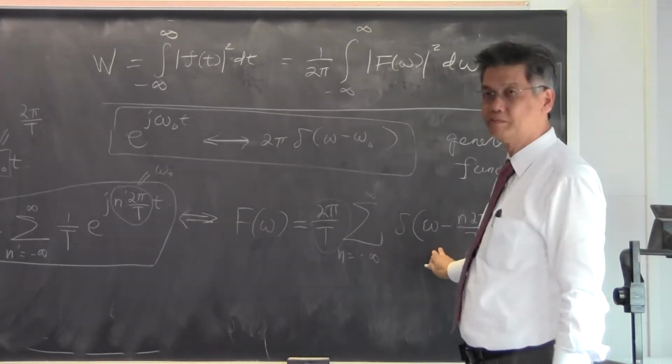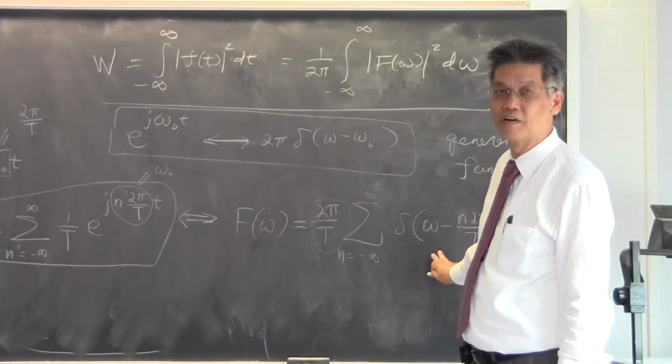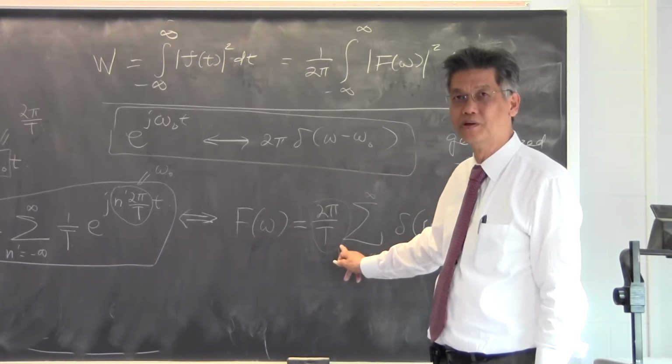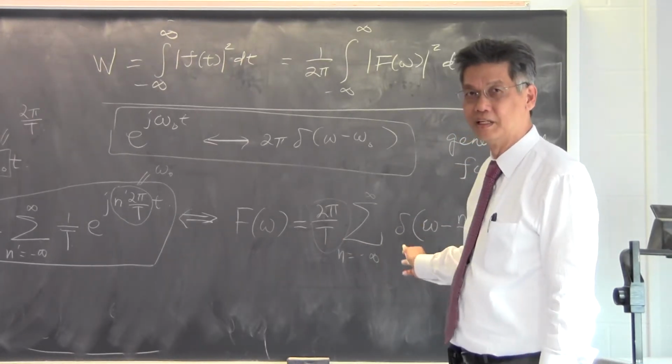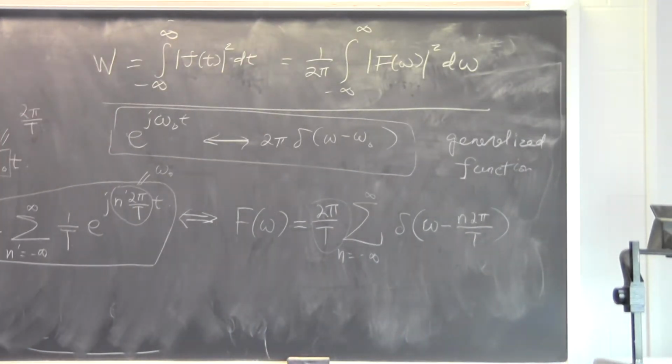It has no true meaning by itself, but it does have meaning when you multiply by another function and integrate. Then this 2 pi over T plays a role when you multiply this function and integrate. You have to account for that constant. That 2 pi over T tells you the amplitude of this impulse, how big this impulse is.